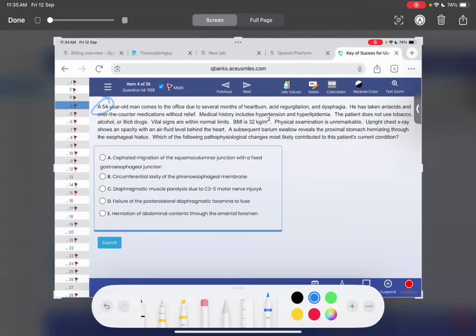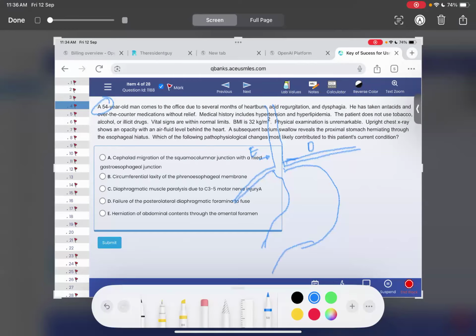For example, this is your esophagus, and it is passing through what is this? Can anyone tell me? Diaphragm. Perfect. This is the diaphragm, this is the esophagus, and the stomach starts over here.